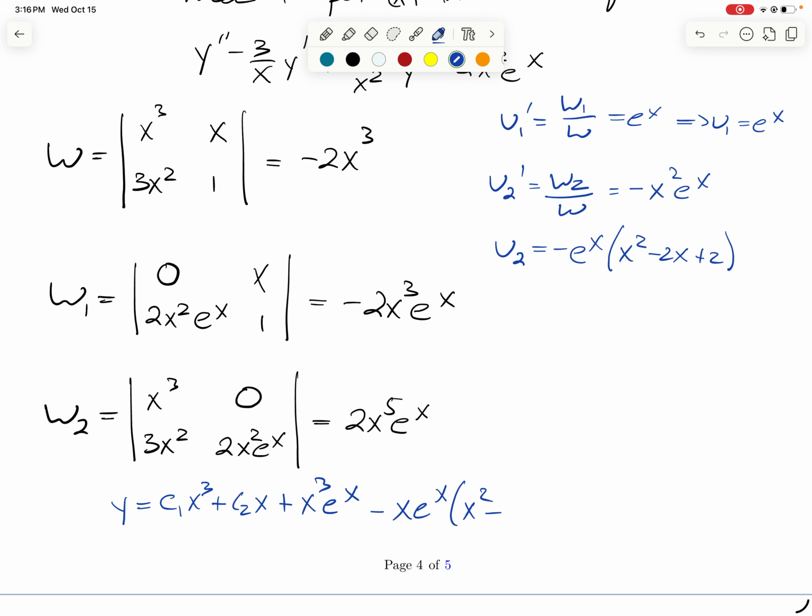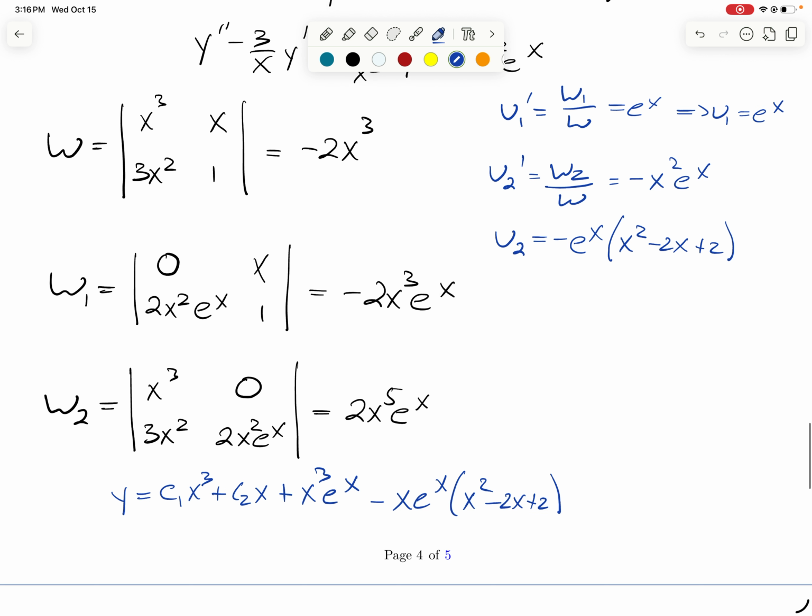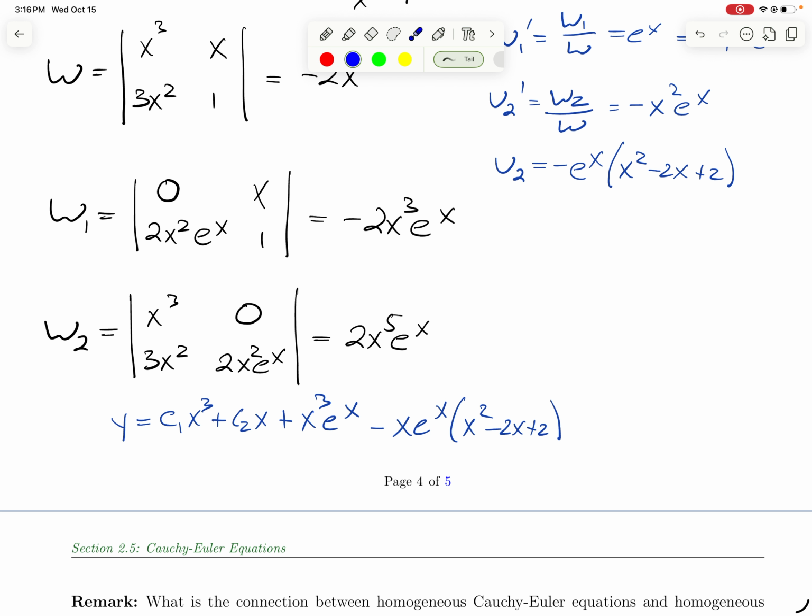Notice there are some like terms we can combine here, and so when we do that, let's squeeze this in down below.